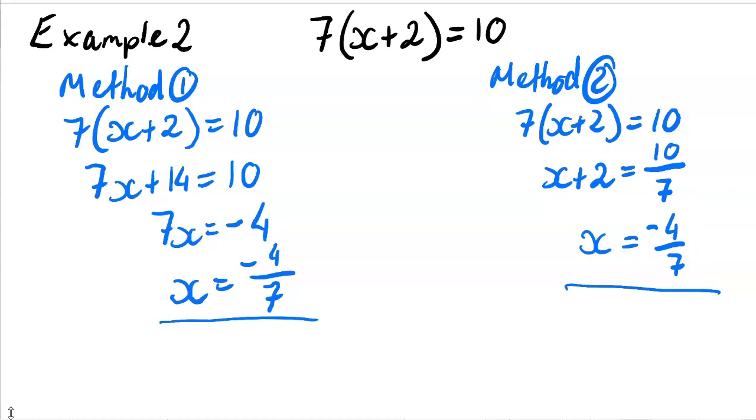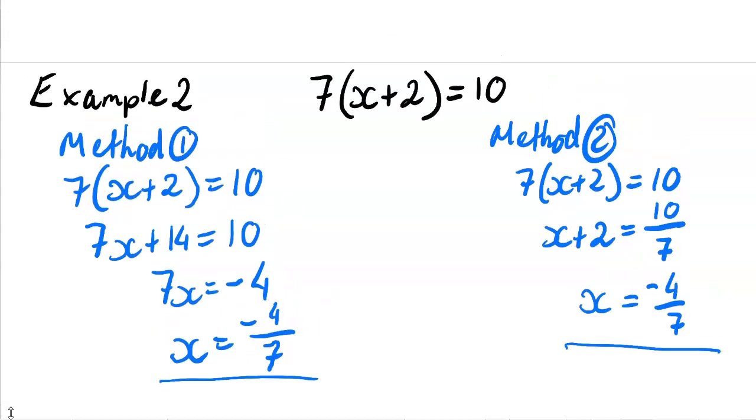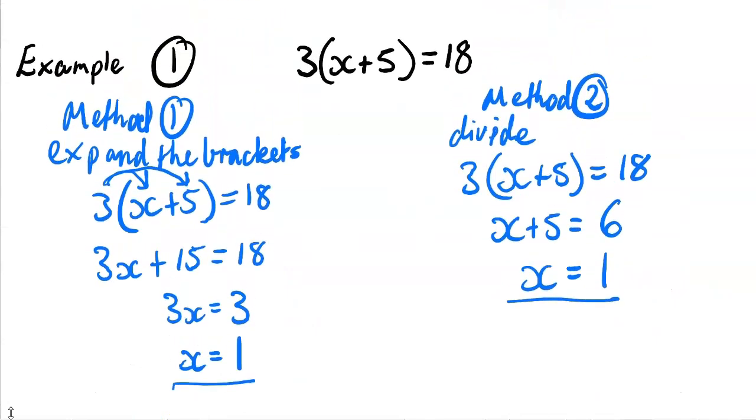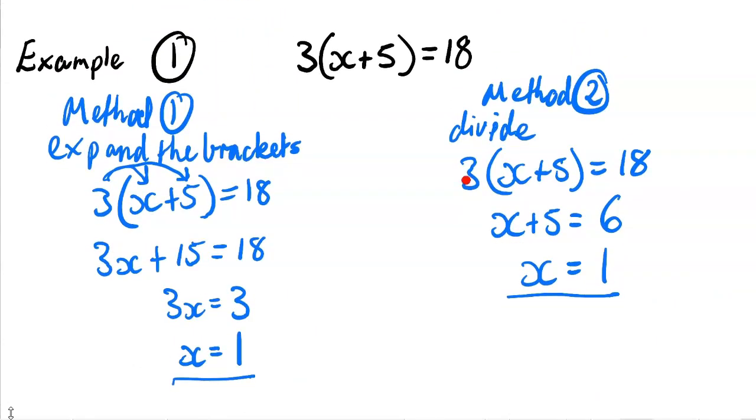Now, you're going to end up with a fraction, but let's be honest, let's not deal with fractions until the end, which we did here. You know, our numbers were a lot bigger and nicer up here. Whereas in example 1, I'll just scroll back to example 1. Here, because 18 was divisible by 3, that was quite straightforward to do.